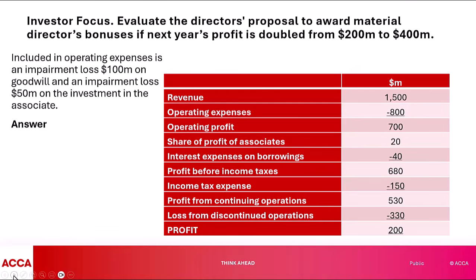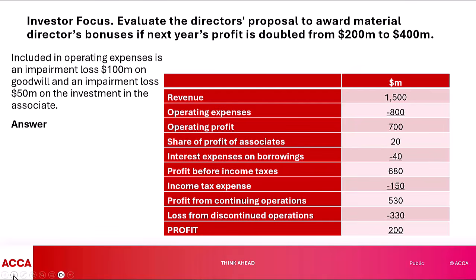Do you think it is reasonable for the directors to get a bonus if next year's profits are doubled from 200 to 400? Yes or no? Well, I know what I think. I think it would be an absolute scandal if they were awarded a bonus.